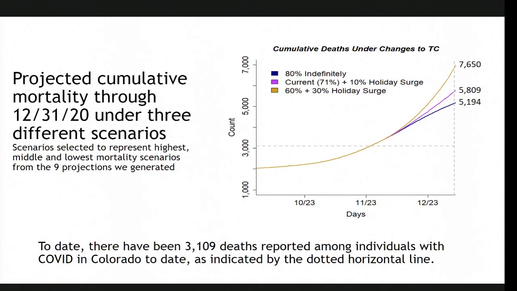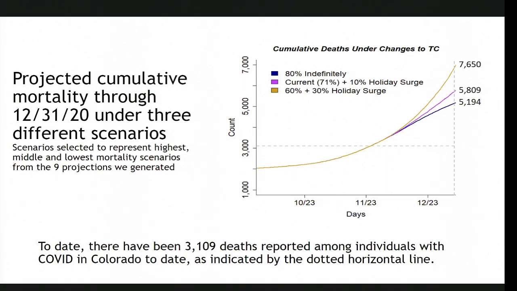At the top is a scenario we certainly want to avoid: a drop in transmission control overall to 60%, plus a 30% reduction at the holidays. You can see that the cumulative deaths would then be substantially greater than under the 80% scenario.